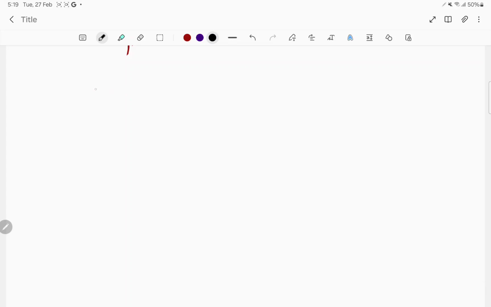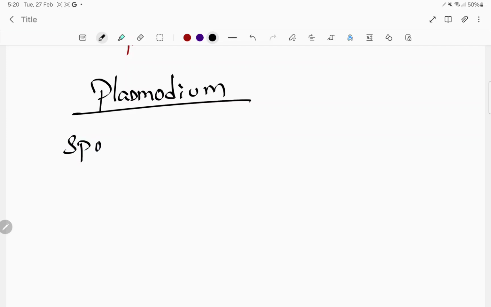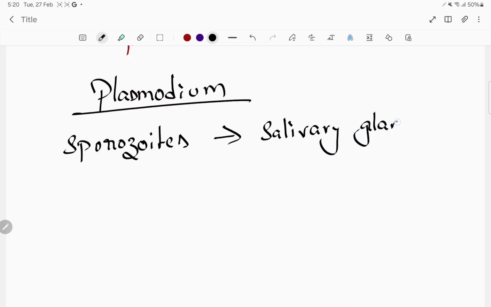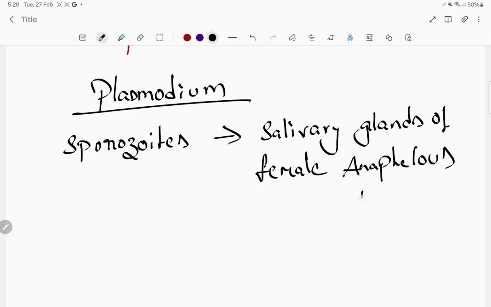Important things about Plasmodium from the NEET point of view. Remember, sporozoites are formed in the salivary glands of the female Anopheles mosquito.